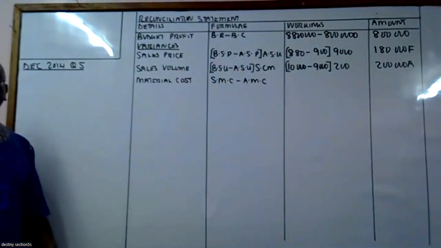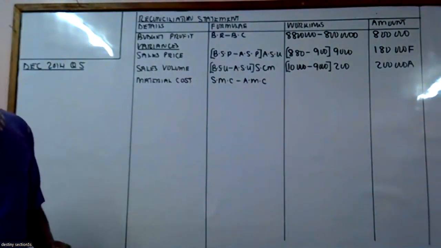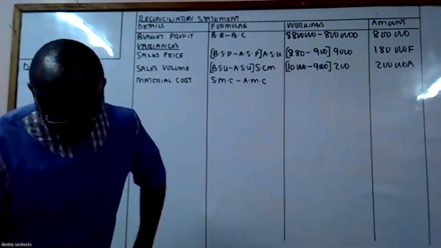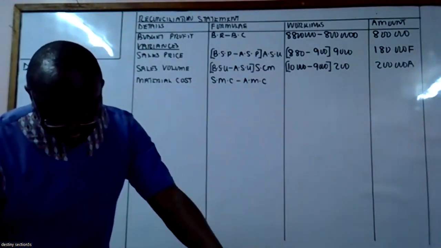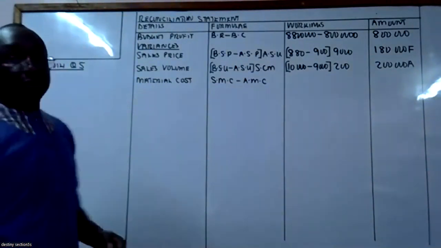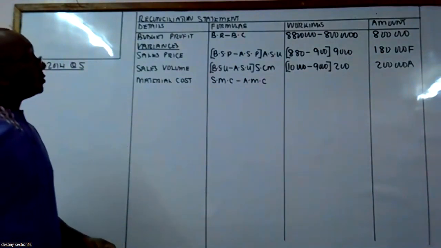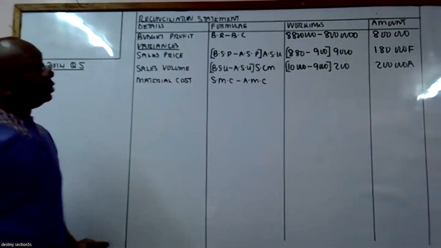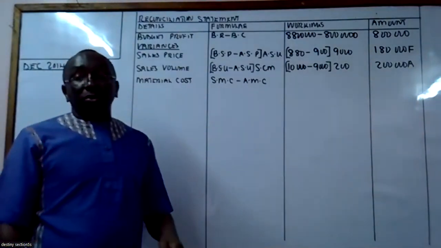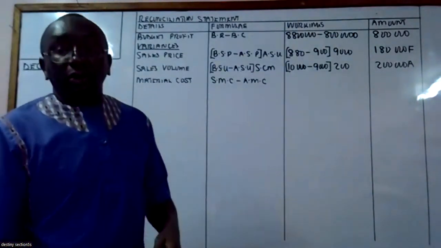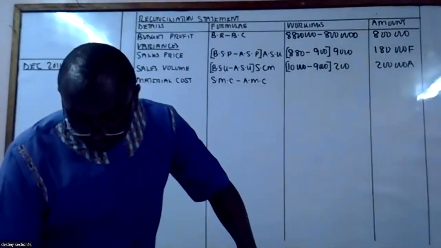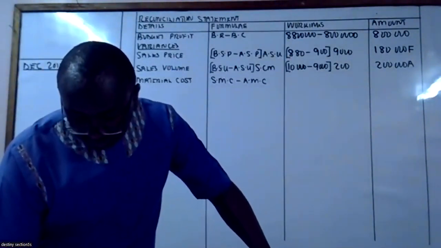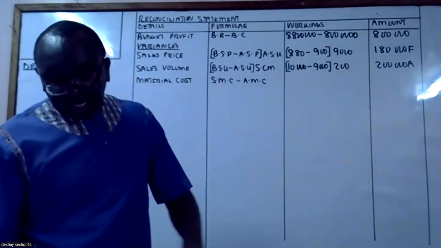Now you can see here we have two types of materials. So you can either combine or you work it on its own. So starting with the first one, material A.